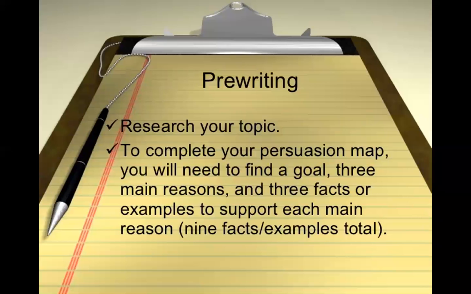So if you are starting to write, you research the topic in your library, you go read books or you read magazines to know more about what is happening around the world on that topic. So you research your topic. To complete your map, you need to find a goal, three main reasons, three facts, examples to support, and how to put it forward.